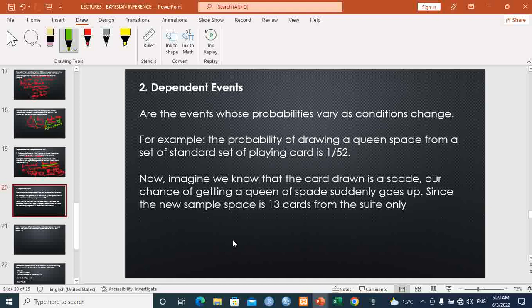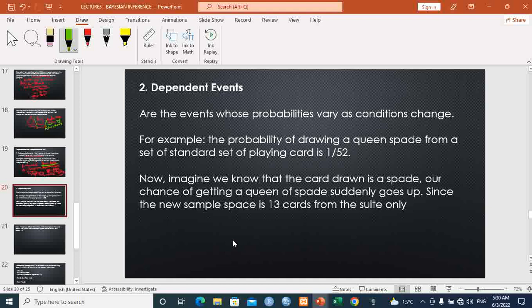Dependent events are events whose probability varies according to changes in conditions. For example, the probability of drawing a queen of spades from a standard set of playing cards is 1 out of 52. If you don't know the concept of playing cards and you want to learn probability, do a good research, because that is where we base our concept of probabilities most of the time.